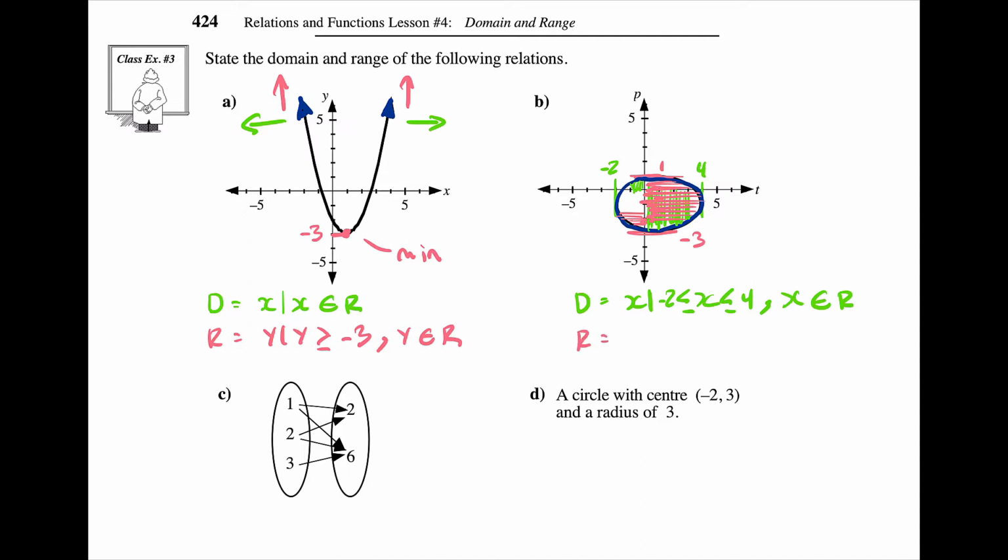And the range is going to equal the y value such that y is, I want to move the y over, such that y is, well, again, greater than or equal to -3, and it's less than or equal to 1, and y is a subset of all real numbers.